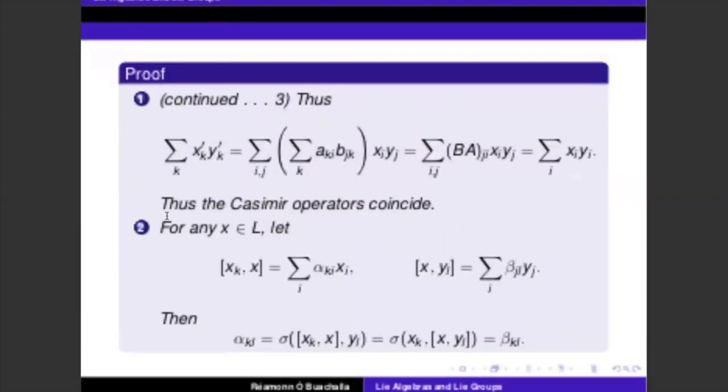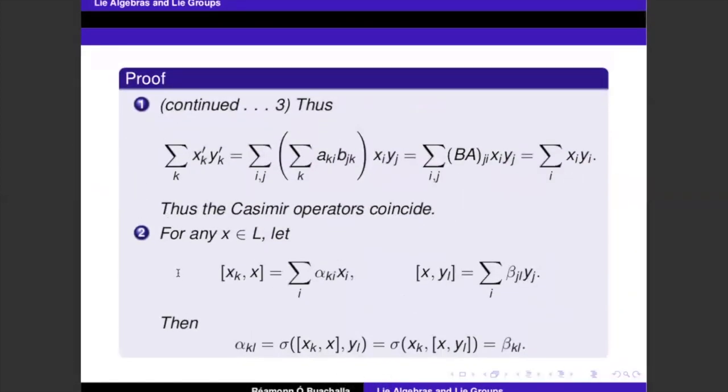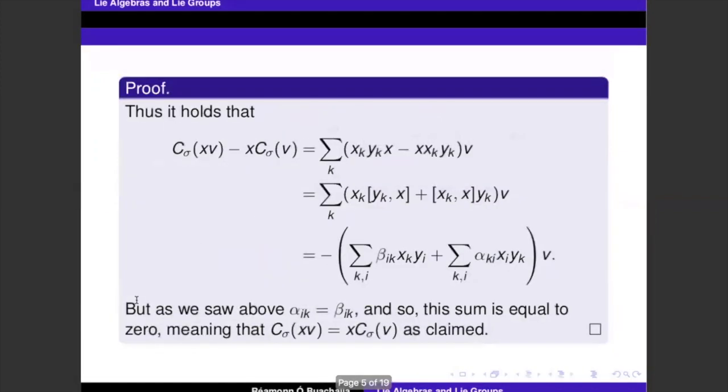Why don't we just go back for a second? Remember, we're just using these expressions here to expand out the commutator bracket. But what we know from before, now look at this. What do we have when we've done this? We've got a summation over x sub k, y sub i, and a summation over x sub i, y sub k.